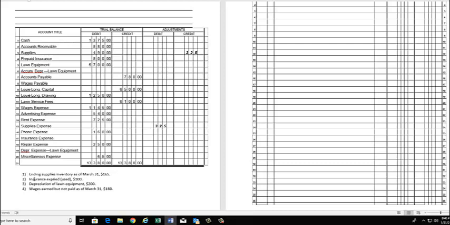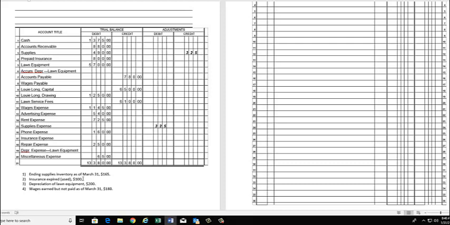It says that insurance that expired is $100. Remember, when we purchased our insurance policy, it was prepaid. $800 was prepaid in insurance, and of this $800, we have used up $100. So if I ask myself how much was used up, and it tells us here $100 was used up, I know that's going to be the amount of my adjustment.